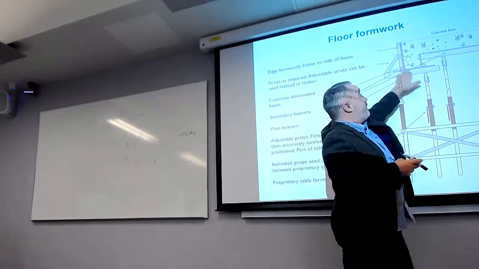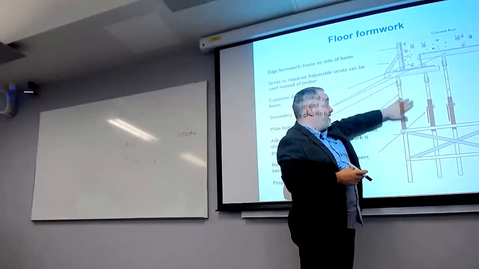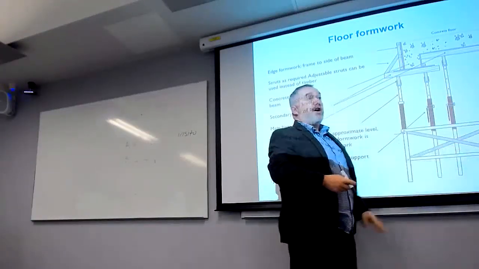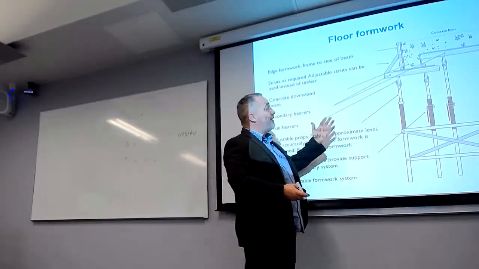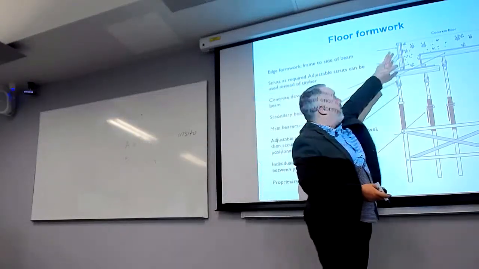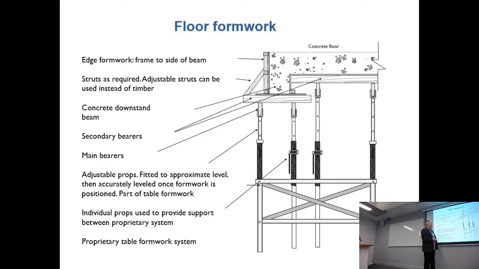But to get this floor up to the right height, we put in this false work. Contractors all call it formwork, but if you see the words formwork and false work, that's what it's talking about.